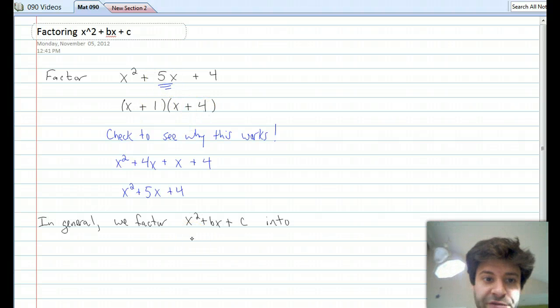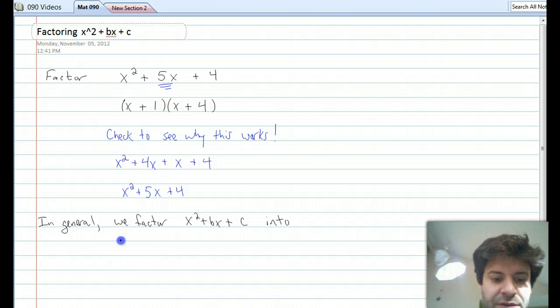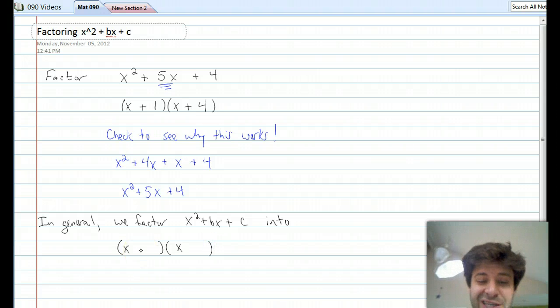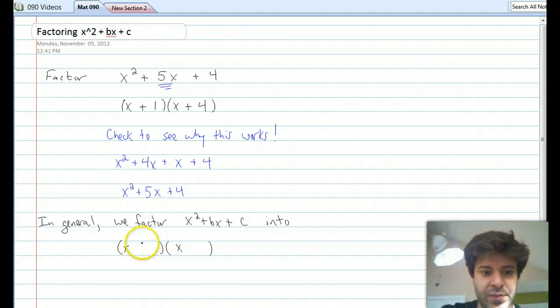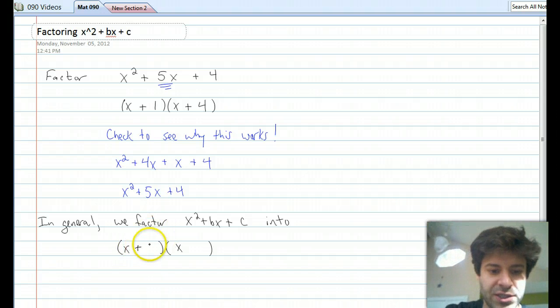So in general, when we're factoring a trinomial of this form, x squared plus bx plus c, we're going to factor it into x plus or minus something here and x plus or minus something here. Just to keep things general, we'll call these x plus h and x plus k.